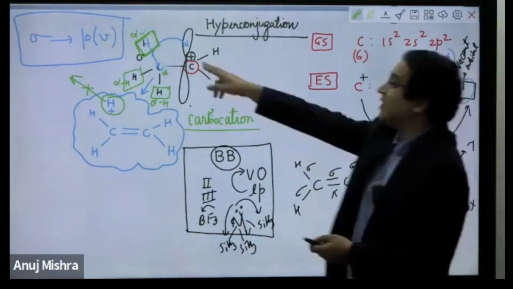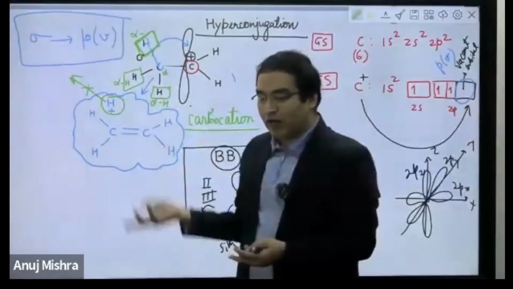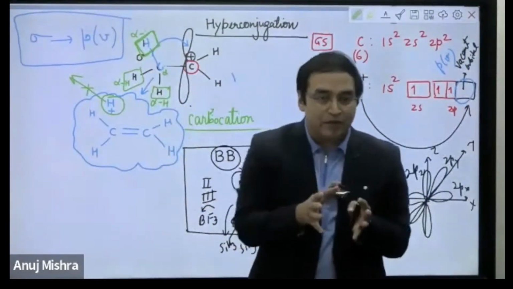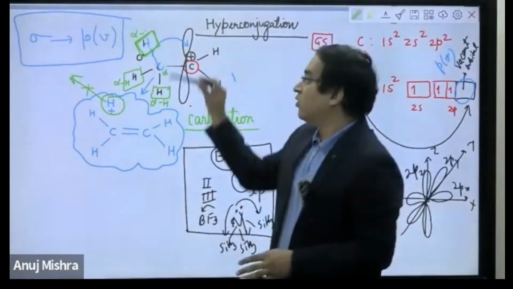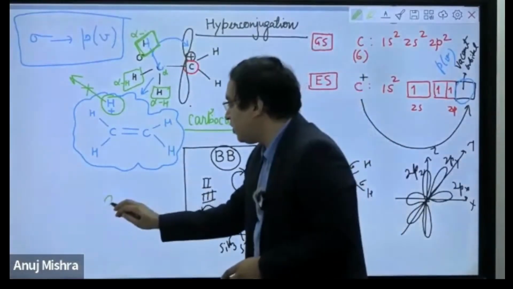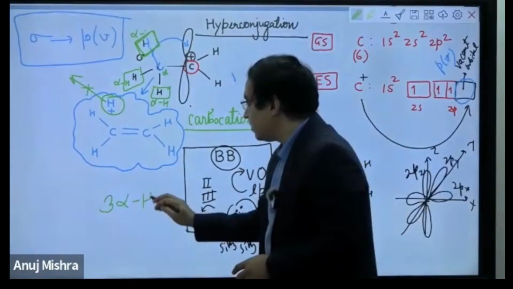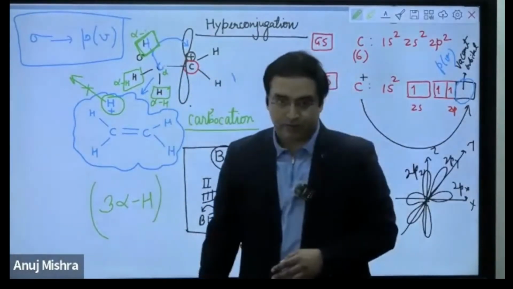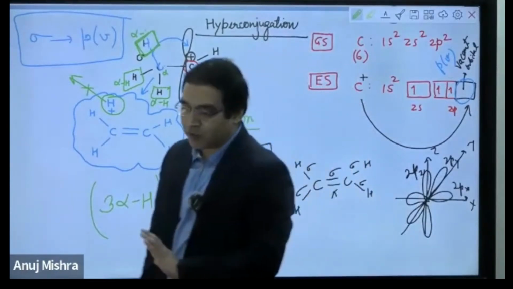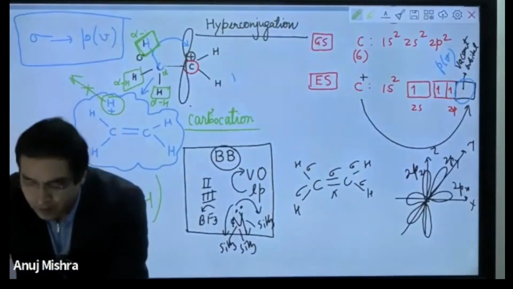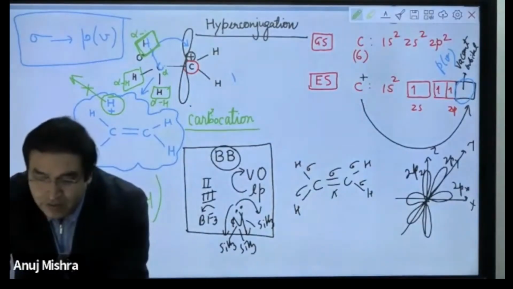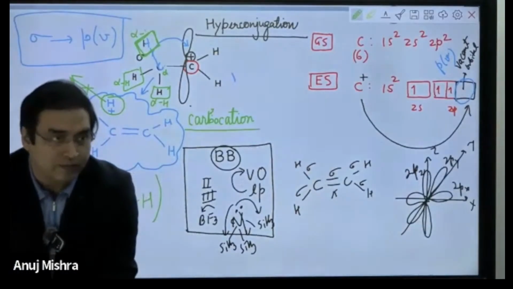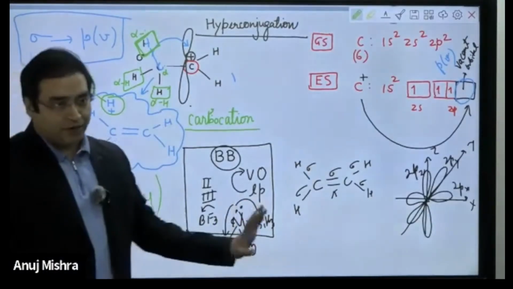There is nothing special in one H that is not in the other. So you can take any of the H. So we can say that we have got 3 alpha hydrogens which can explain the stability of this carbocation. This is what hyperconjugation is in simple words. Is it clear now? Next time if I give you any alpha H, you just count and you can talk about the stability of carbocation. And this first part will be taken care of. Is it okay?